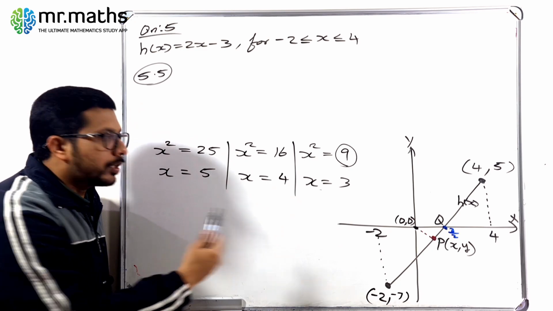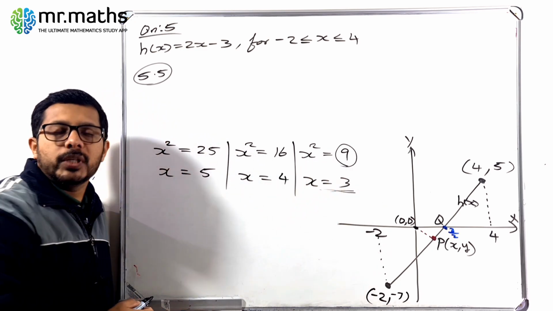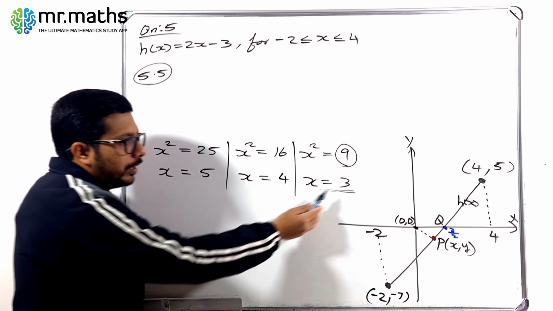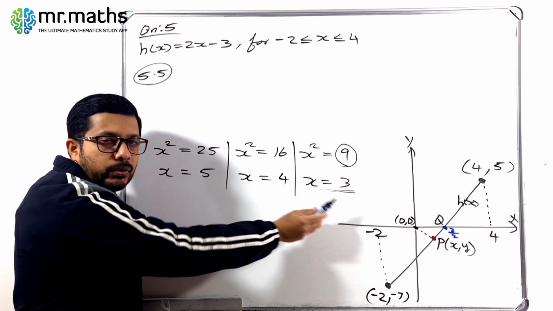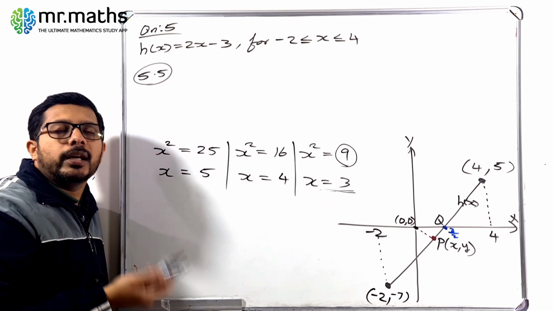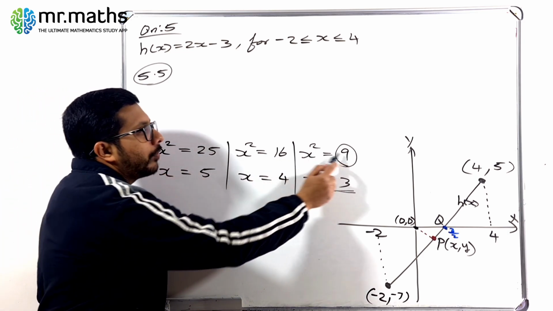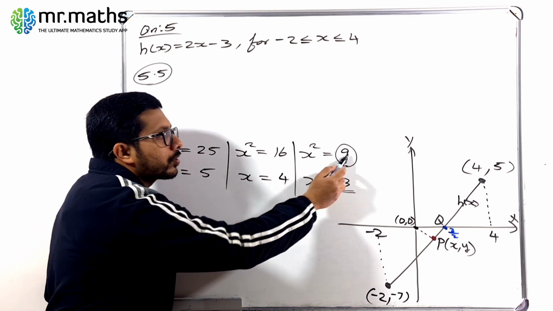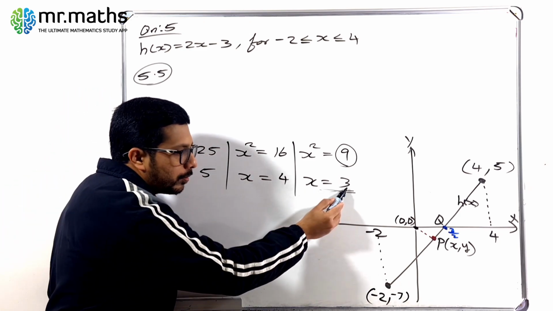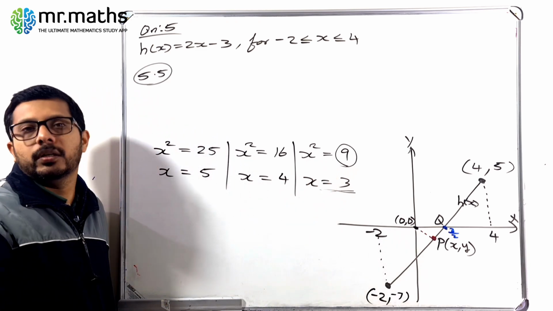So to get the smallest value of x, x squared must be smallest. Here the x value is 3, that is the smallest value of x. Why do we get the smallest value there? Because among these x squared values, this x squared value is the smallest. So to get the smallest value of x, the x squared value must be smallest.